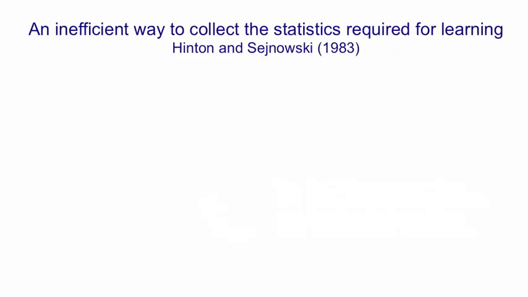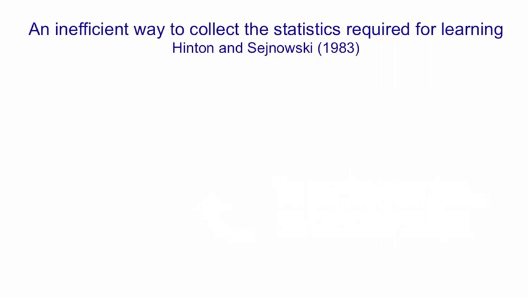Now, in order to run this learning rule, you need to collect those statistics. You need to collect what we call the positive statistics. Those are the ones when you have data clamped on the visible units, and also the negative statistics. Those are the ones when you don't have data clamped and that you're going to use for unlearning.